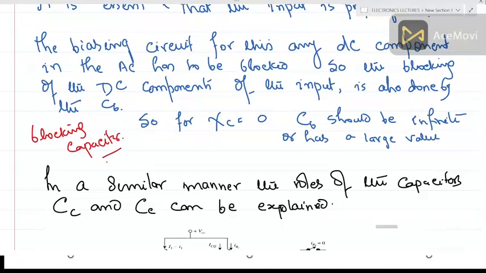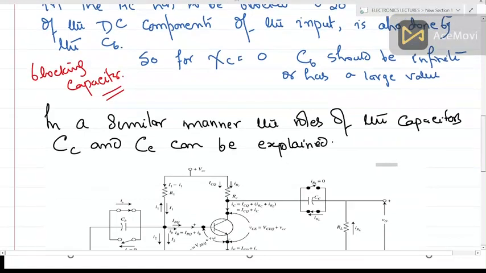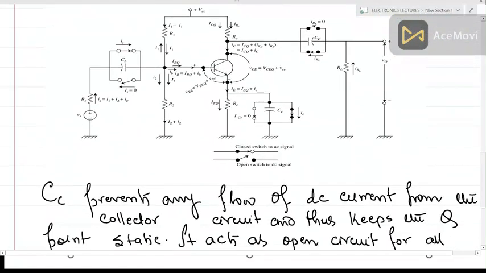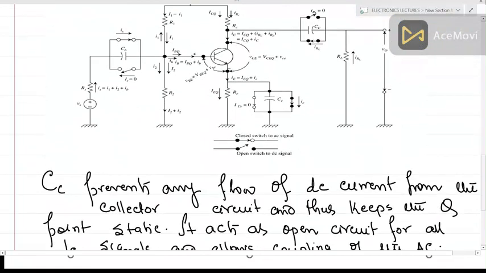In a similar manner, the roles of this CC coupling capacitor and CE emitter capacitor must be understood. This CC is connected to the output end or the collector end of the circuit. So CC prevents any flow of DC from the collector circuit, and again it keeps the Q point stable.